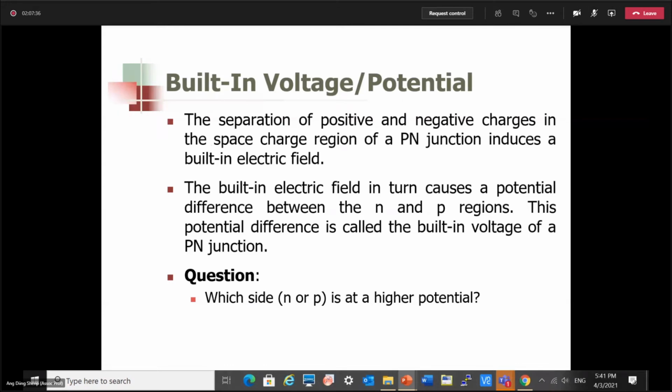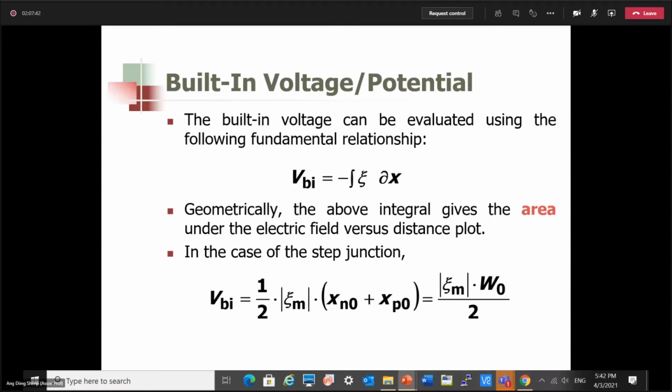Okay. So now we want to quantify this built-in voltage or built-in electric field. How to do that? We can start by looking at the basic definition for potential and electric field, how the two quantities are related. So the built-in potential or the built-in voltage can be evaluated by the negative integral of the electric field function.